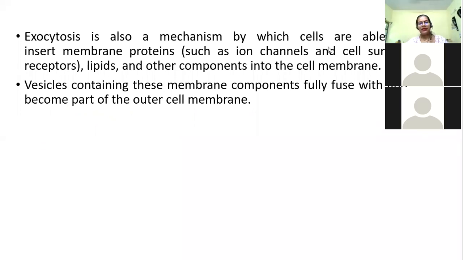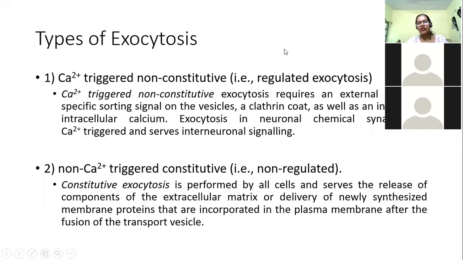There are two types of exocytosis, as I just mentioned, the constitutive and the regulated one. The regulated one is also called the calcium-triggered, non-constitutive. It needs calcium. So exocytosis requires an external signal and a specific sorting signal on the vesicles, the clathrin coat. Now remember, in the previous class I mentioned the clathrin coat.